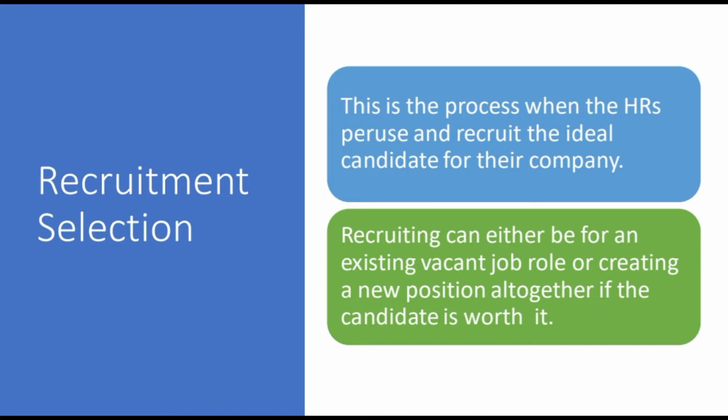Recruiting can either be for an existing vacant job role or creating a new position altogether if the candidate is worth it. There are a few tips that companies should follow for successful recruitment, such as think broad.